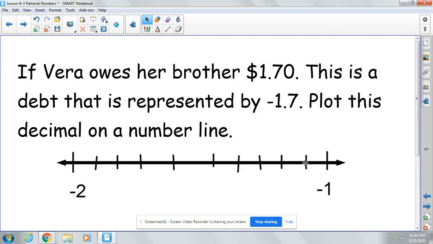The next one to the left would be negative 1.1. The next one, negative 1.2. Negative 1.3. Negative 1.4. Negative 1.5. Negative 1.6. And this would be the point negative 1.7. So at that point, I would put a point at negative 1.7.